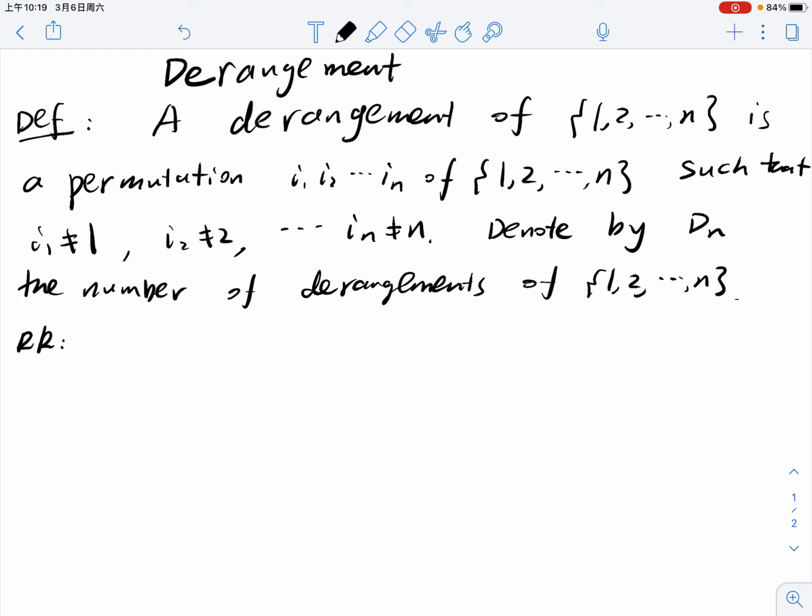Think about Christmas, when you play a white elephant gift exchange. You don't want to get back your own gift, as I did before. So you always want a derangement instead of a permutation that leaves some element fixed.